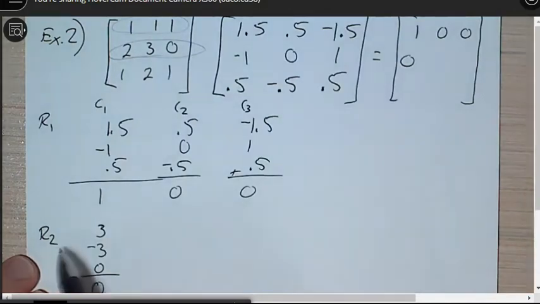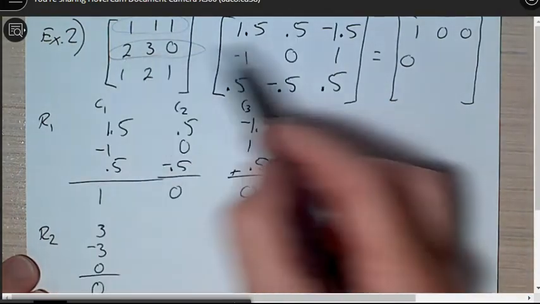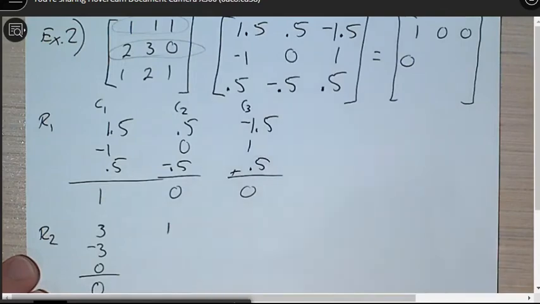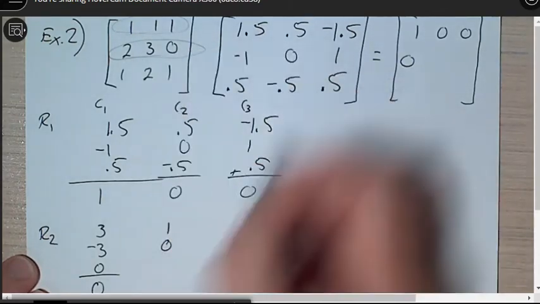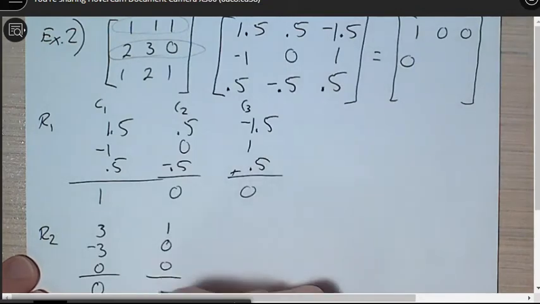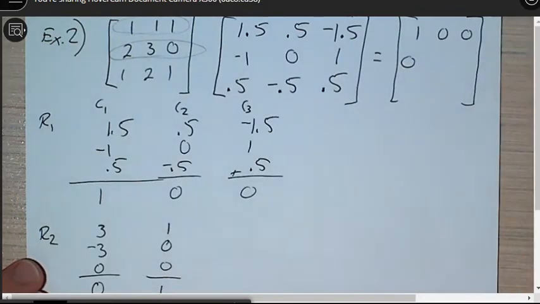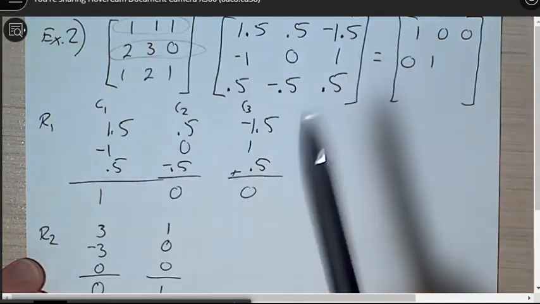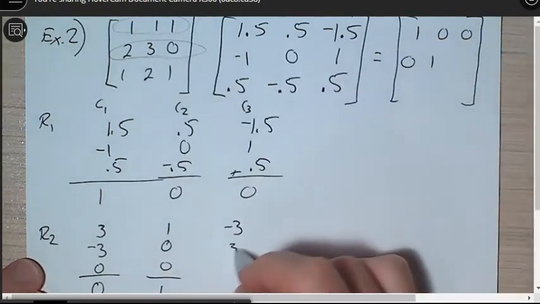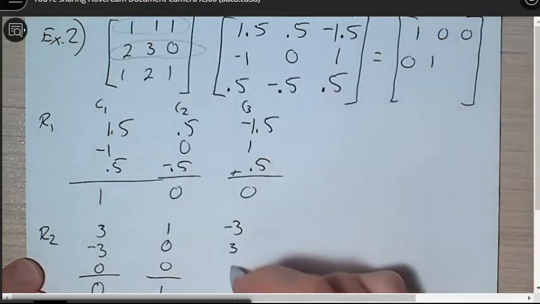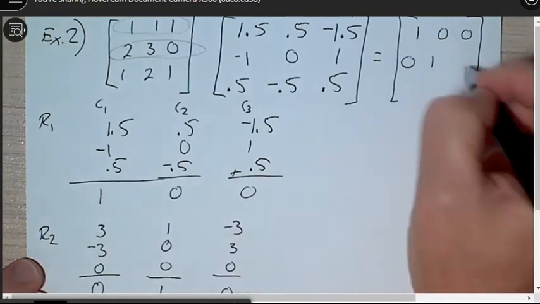So now we're going to take row 2 and multiply it by column 2, so it's 2 times 0.5, which is 1, 3 times 0, which is 0, and 0 times 0.5 is 0. Add all that together, and that one comes out to be 1. And then for the last column, we're going to do 2 times negative 1.5, which is negative 3. 3 times 1 is 3, and 0 times 0.5 is 0. Add all that together, and that comes out to be 0.